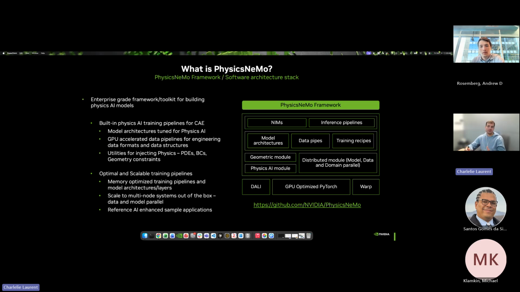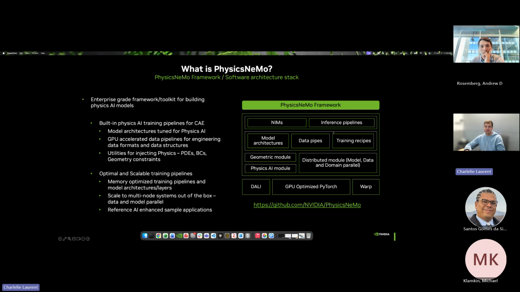For example, we have a data pipe for mesh simulation. Those are two of the major components in PhysicsNeMo, and all of them sit on top of PyTorch. They fully interoperate with PyTorch. That means if you want to define your own model, this is fine. It's just another PyTorch model, the same way PhysicsNeMo models are just PyTorch models with some optimizations.